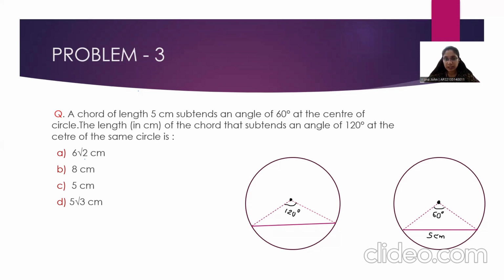So our problem is to find the length of this chord. Then what will be the length of this chord? Is the question clear? Okay, 4 options are given. First option is 6 root 2 centimeter. The second option 8 centimeter. Third option 5 centimeter. And the fourth option is 5 root 3 centimeter. Is the question clear to you?